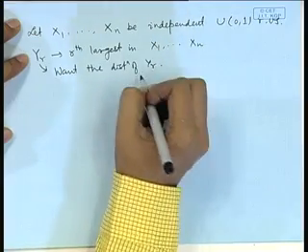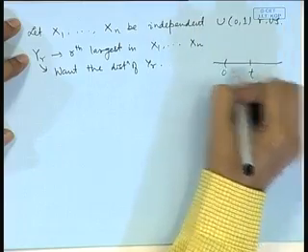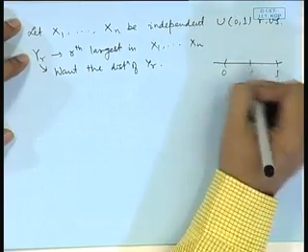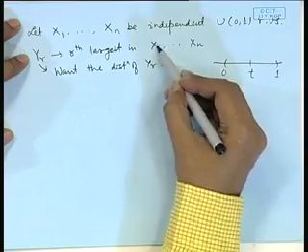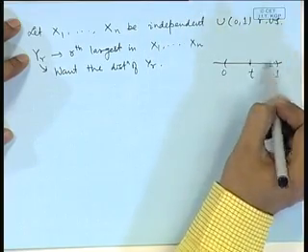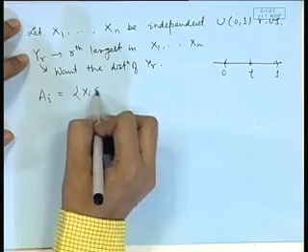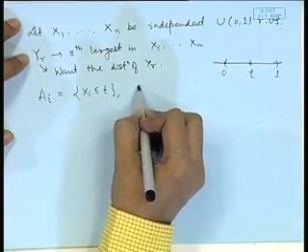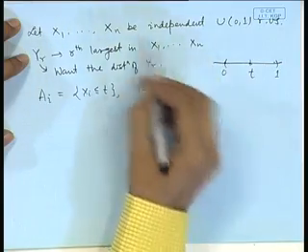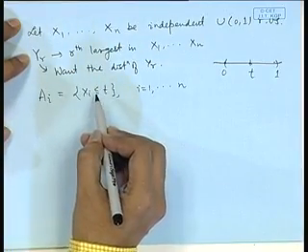Now, to consider this, we may consider some point t on the interval 0 to 1. Then any xi may be bigger than t, that means it may be between t and 1, or it may be between 0 and t. So if we consider Ai to be the event that xi is less than or equal to t, and if the xi's are independent, then the Ai's are independent events.